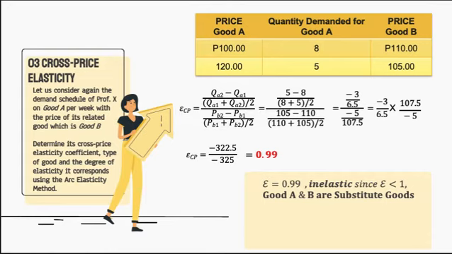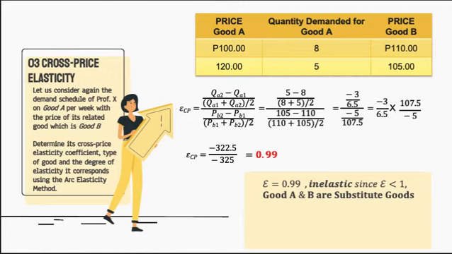Similar to income elasticity, before you take the absolute value of the coefficient, determine first the type of good it corresponds to. Let us consider again the demand schedule of Professor X on good A per week with the price of its related good, which is good B. The result is 0.99.